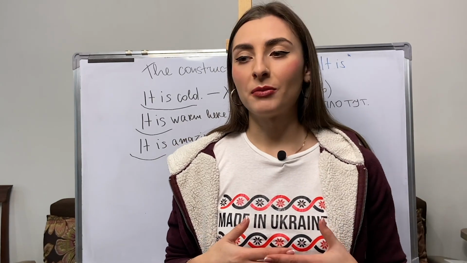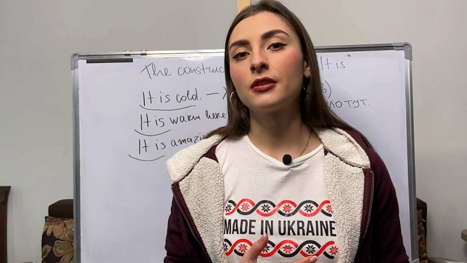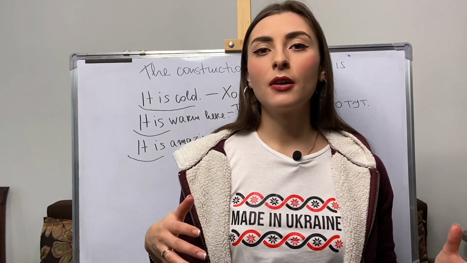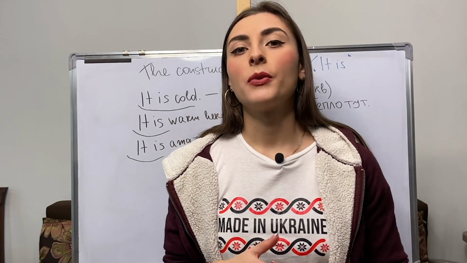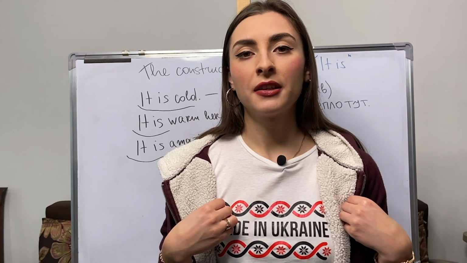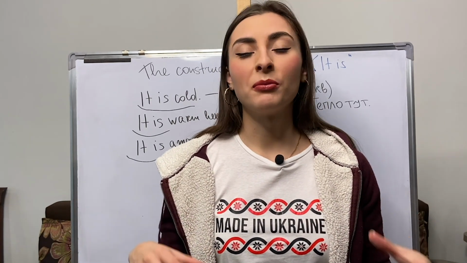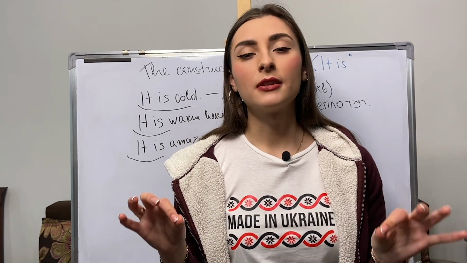And "it is" in English is used in such constructions as it is cold, it is warm, it is hot, it is amazing, it is boring, etc. We just don't use it in Ukrainian language. It is not correct to say це тепло, це холодно, це неймовірно. We just omit it and use a single adverb instead.